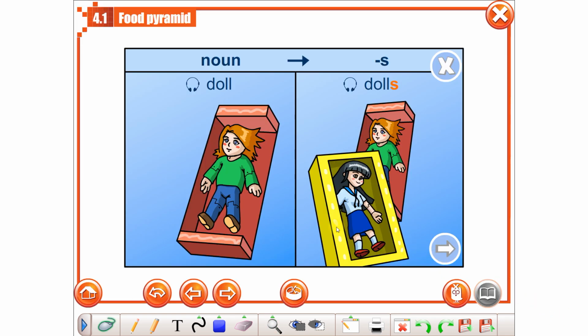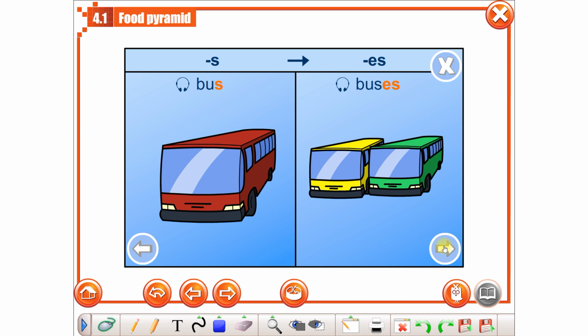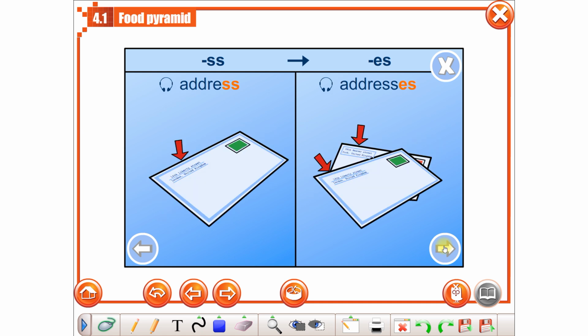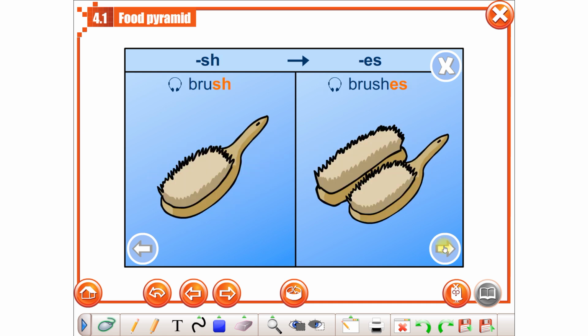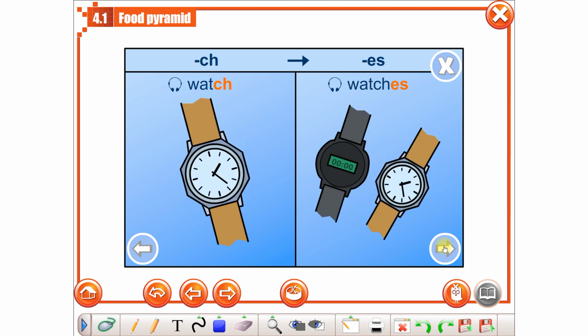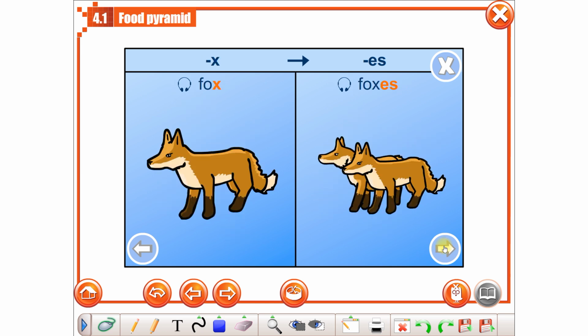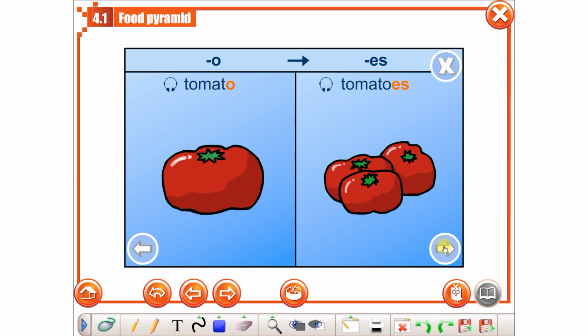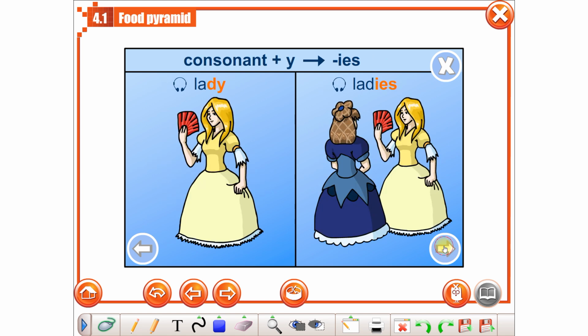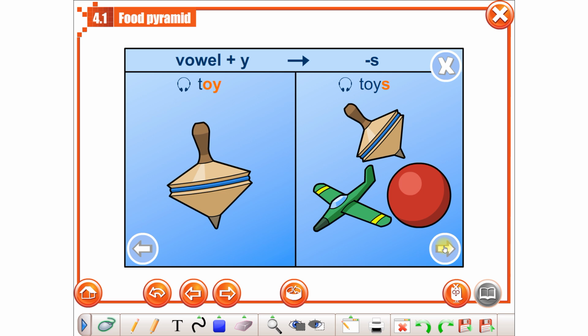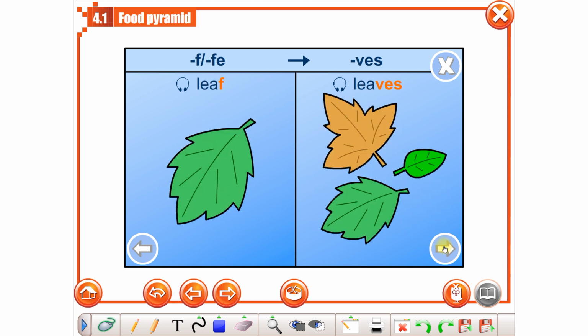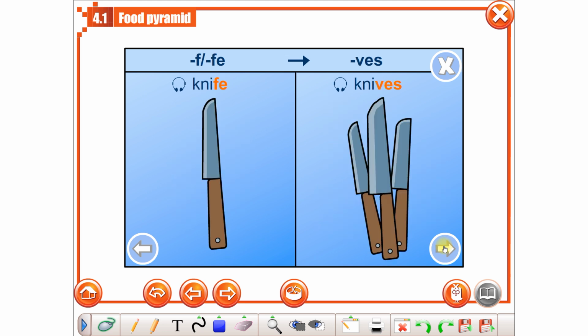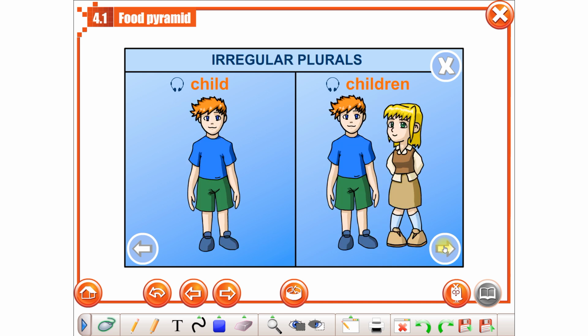Like in the next example, we have doll, dolls, bus, buses, address, addresses, brush, brushes, watch, watches, fox, foxes, tomato, tomatoes, lady, ladies, toy, toys, leaf, leaves, knife, knives, child, children.